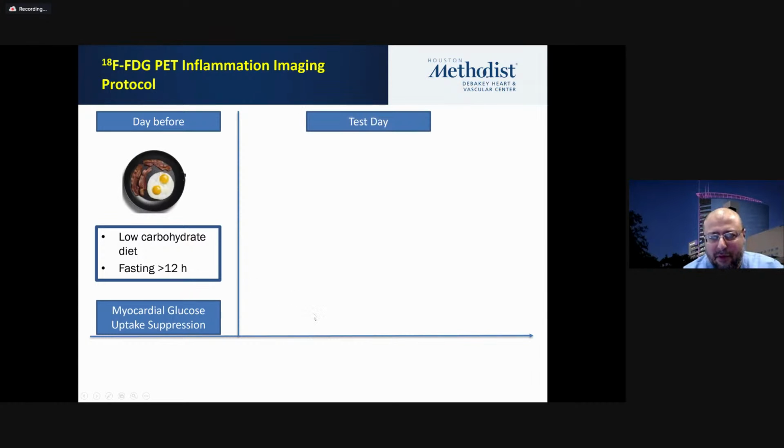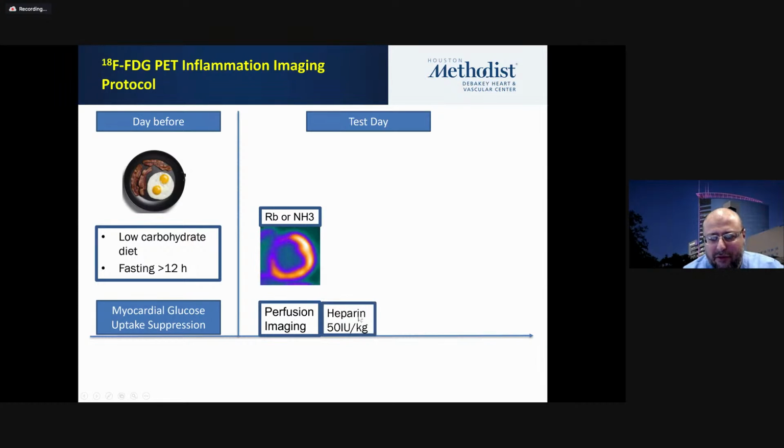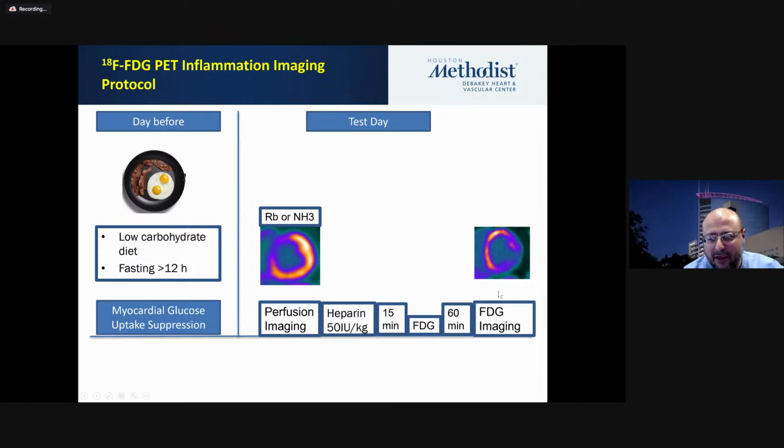Then on the next day, when they come to the lab, we do perfusion imaging. We inject heparin because it increases the level of free fatty acids in the blood. Wait about 15 minutes, inject the FDG, wait another 60 minutes for the FDG to get to these inflammatory cells, and then do the FDG imaging.